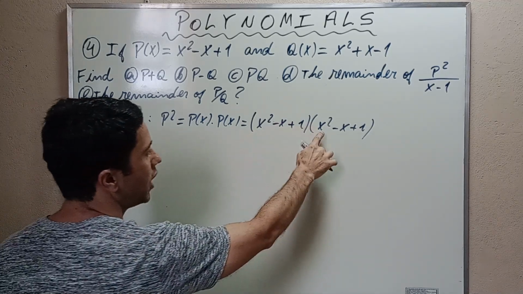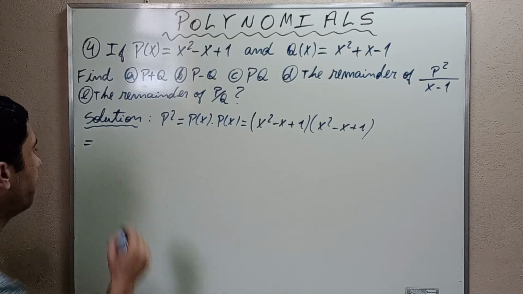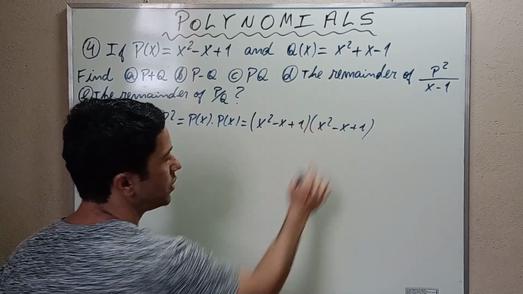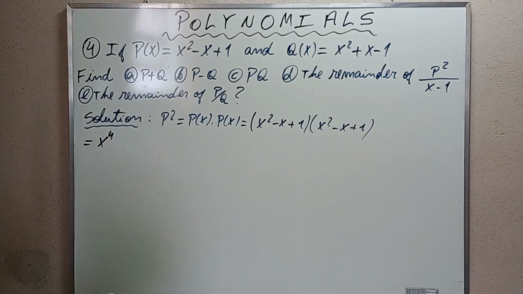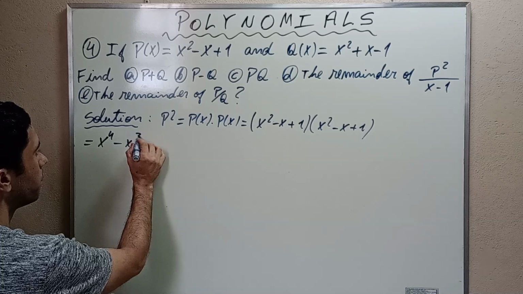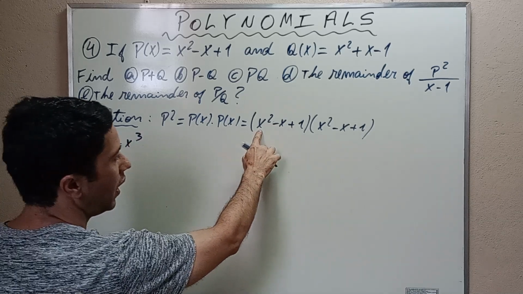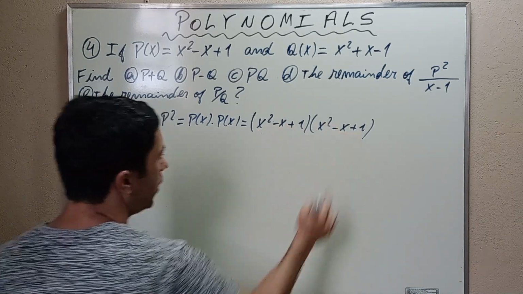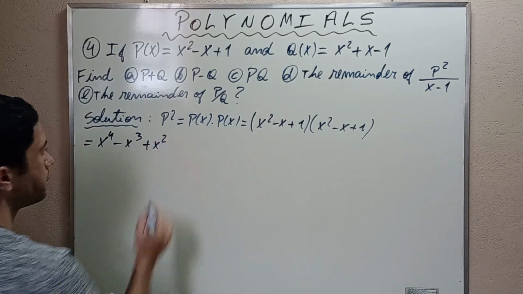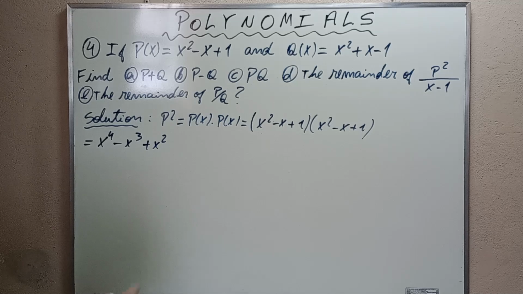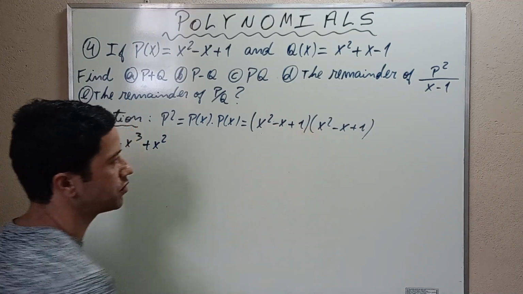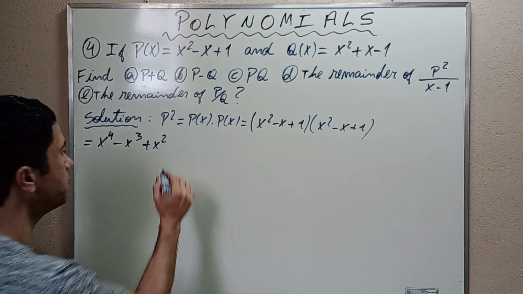X squared times x squared is x to the fourth. X squared times negative x is negative x cubed. X squared times 1 is x squared. Moving on to negative x now. Negative x times x squared is negative x cubed.